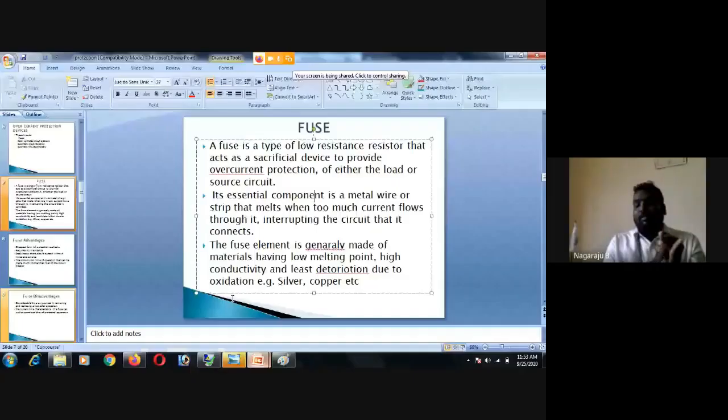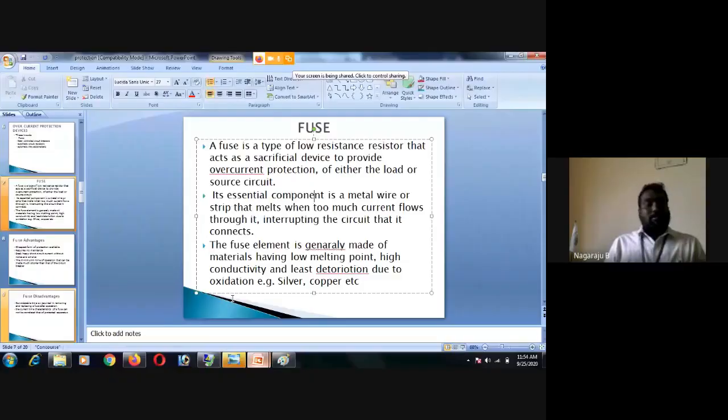Open fuse cutouts and open link fuse cutouts are used for the overhead system, outside, and enclosed fuse cutouts are used only for underground.